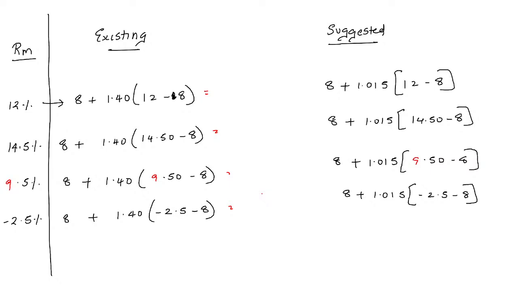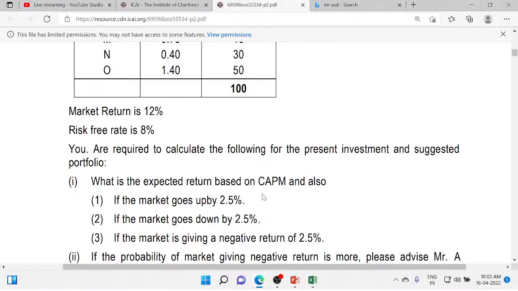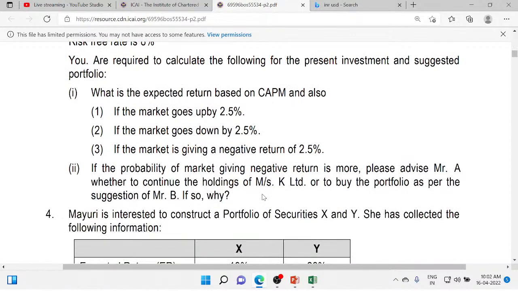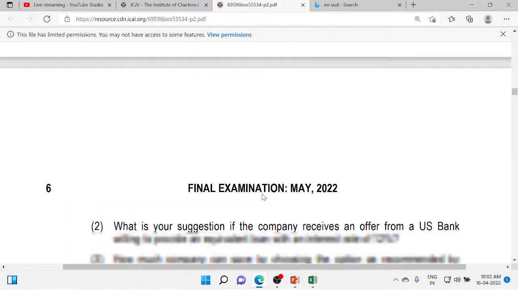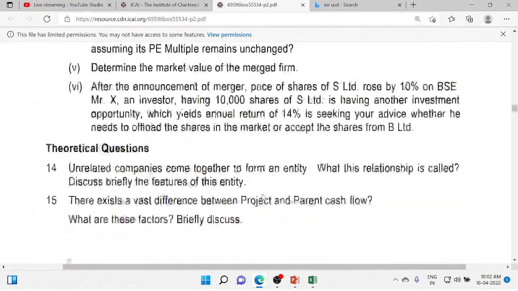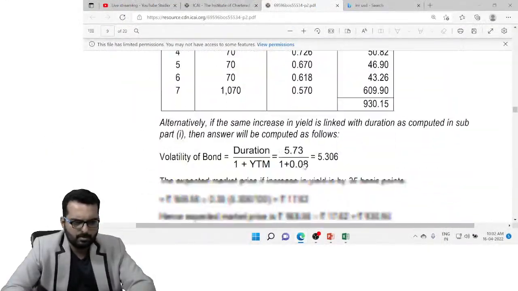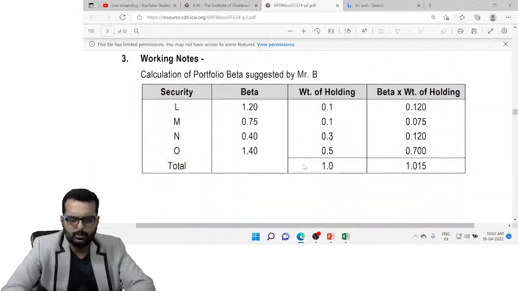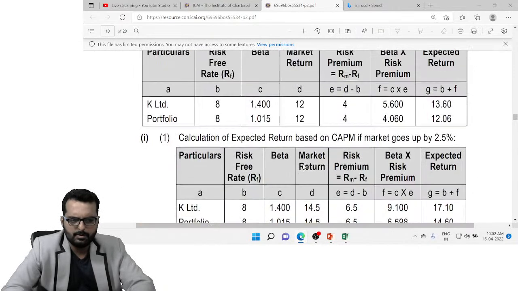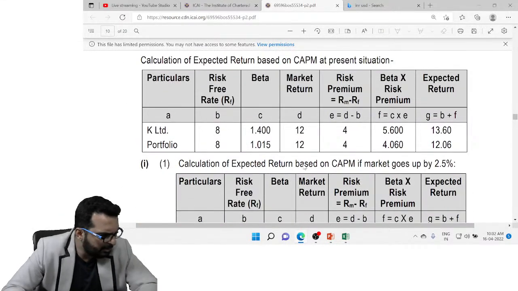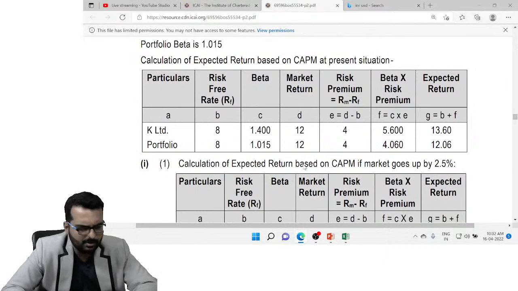All right, do you get the answer as 12.06? I'll just go and show you the solution now, friends. We are doing question number 3, right? Here you have the solution. Are you getting the same number, 12.06? Yes.